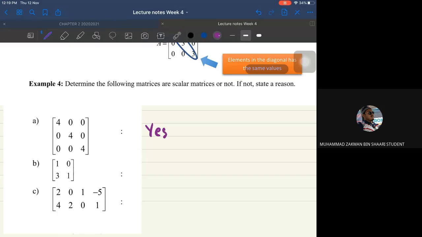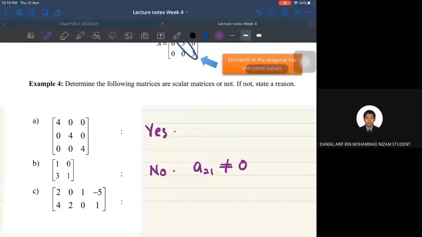No. What is your reason? 3 is not equals to 0. Because A21 is not equals to 0, or this one should be 0. Write it however you like, I will understand.